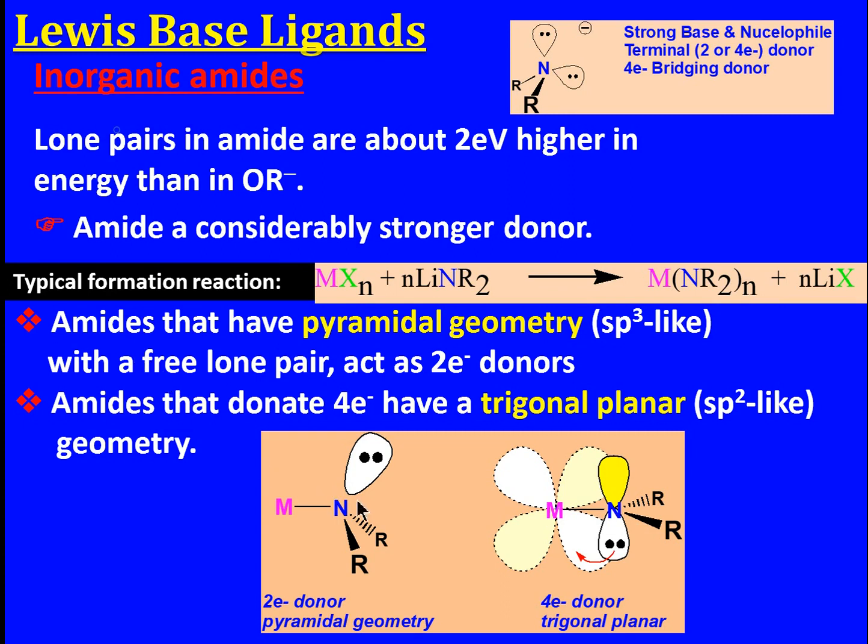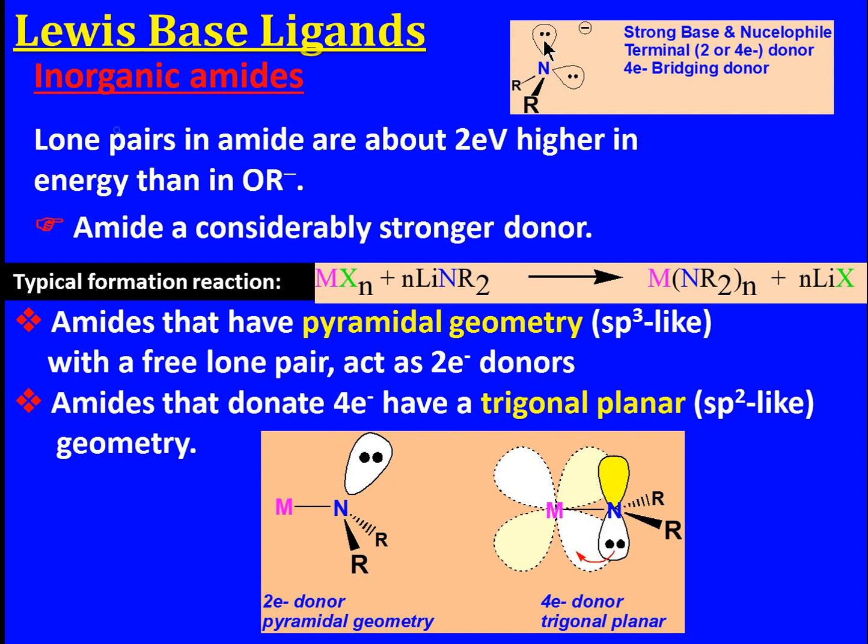When the amide donates only 2 electrons, the R groups conserve their relative orientation with respect to the structure. So the geometry is pyramidal: N, lone pair, R, we have a pyramid form.